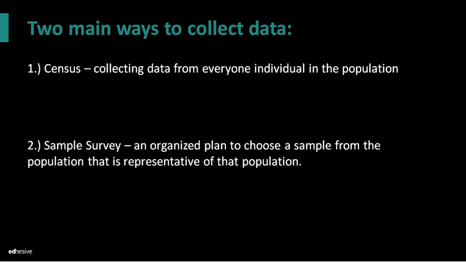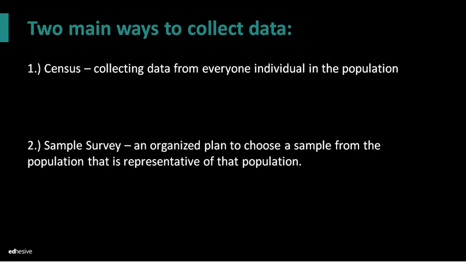But if your population is small, like people that work for your company, and you have a very small company, maybe only 25 employees, it would be very easy to do a census. It'd be very simple for you to ask everybody in your company how tall they are, what their favorite coffee is, what they want to eat for lunch. Anything you want to know could be simple if you only have 25 people to collect data from.